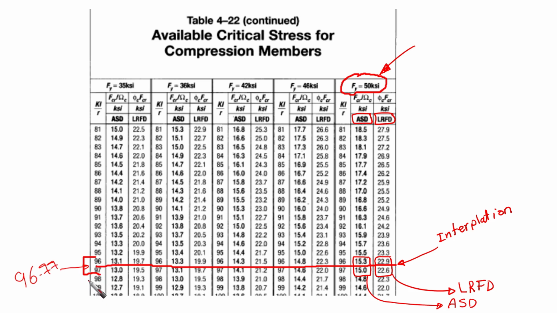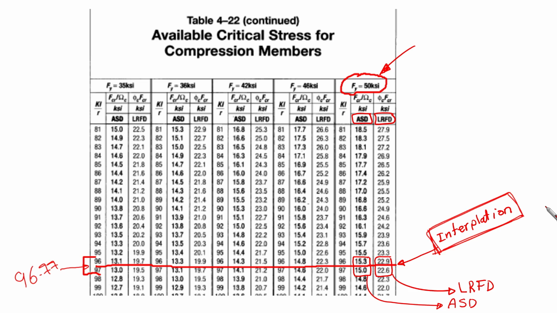This means we are going to use interpolation, or we can round one of them, but here let's use interpolation. Interpolation is the best way and the most accurate one.